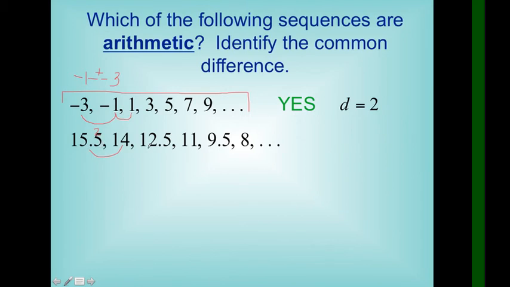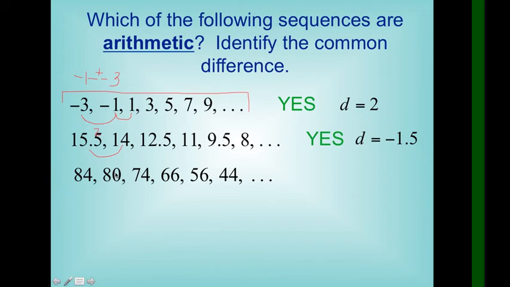Then 12.5 minus 14 is negative 1.5. 11 minus 12.5 is negative 1.5 again. 9.5 minus 11 is negative 1.5 and so on. So ang ating given sequence ay arithmetic, at ang kanilang difference ay negative 1.5.